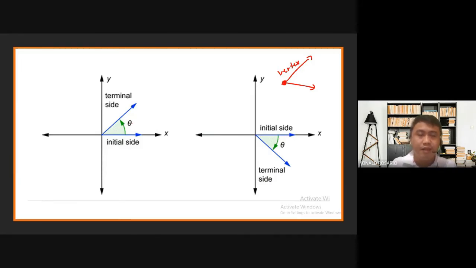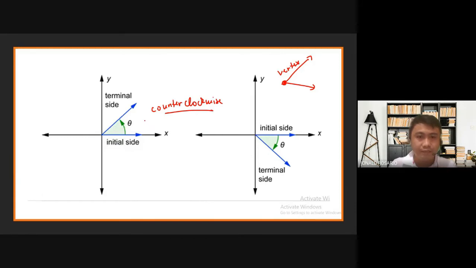So that's why we can now tell that these two angles are written in standard position. At ang kakaiba din dito, dalawang directions ito. Ito, ang direction nito is counterclockwise.